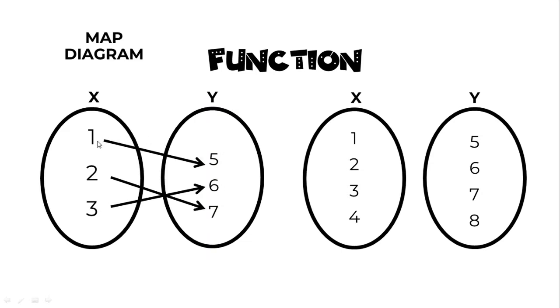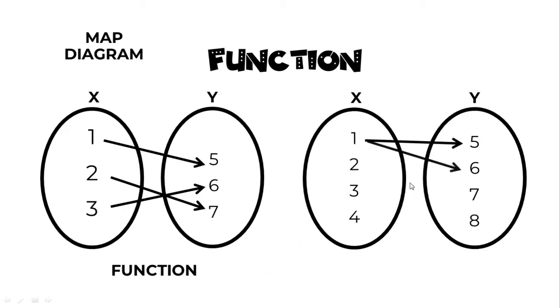Dito, nakita natin na ang 1 ay related sa 5, ang 2 ay related sa 7, and ang 3 ay related sa 6. Makita natin na walang naulit na domains. Isa lang yung arrow na nanggagaling sa bawat element ng ating domain. Kaya, this is an example of a function.